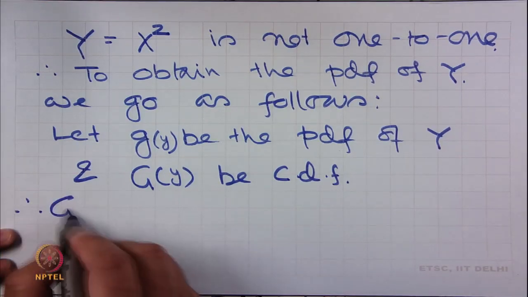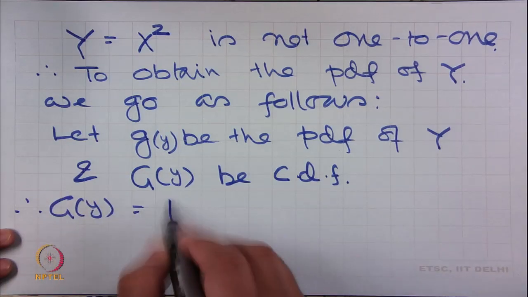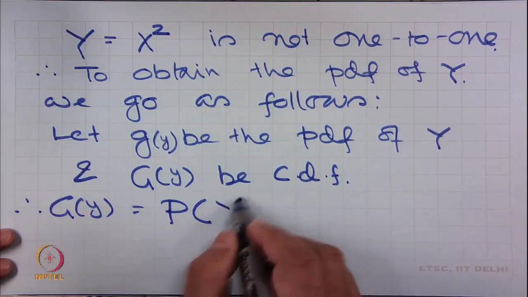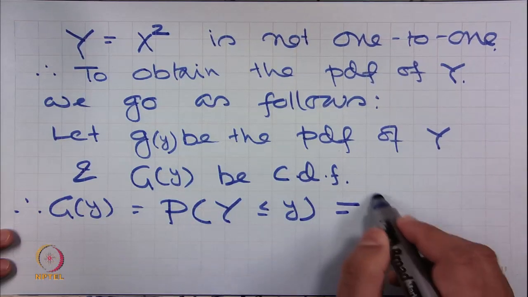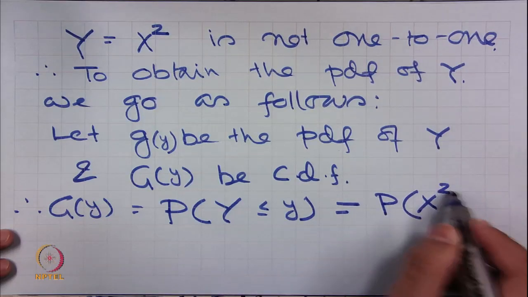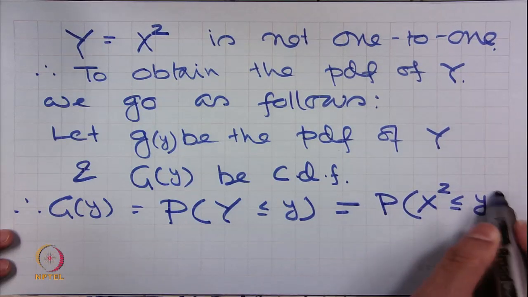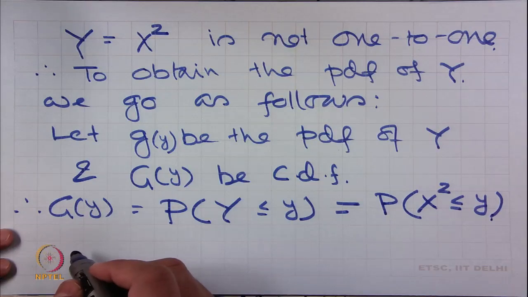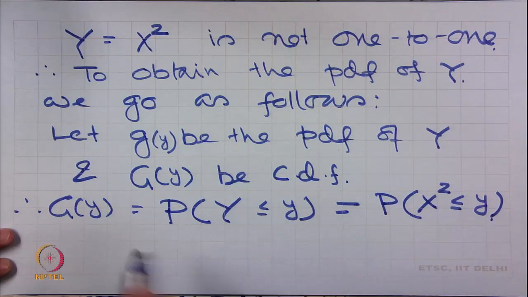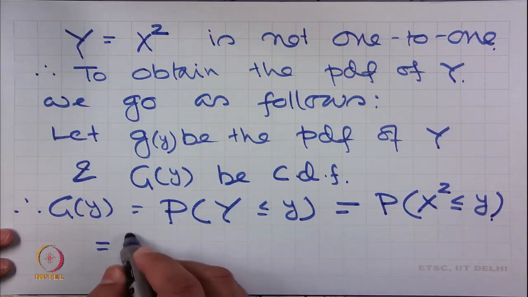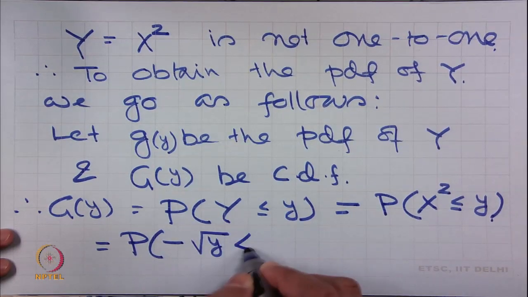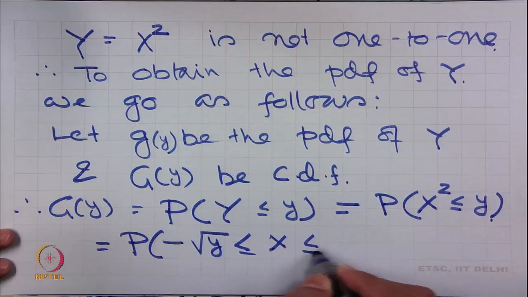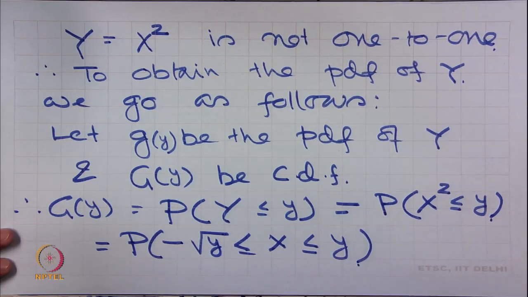Therefore, G of y is equal to probability y less than equal to y, which is equal to probability x square less than equal to y, and because of the symmetry around 0, we can find this is equal to probability minus root y less than equal to x less than equal to root y.